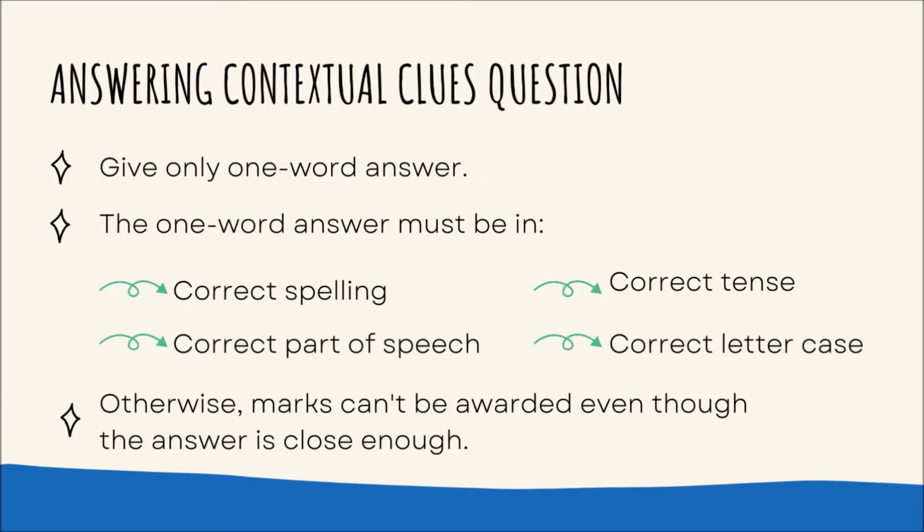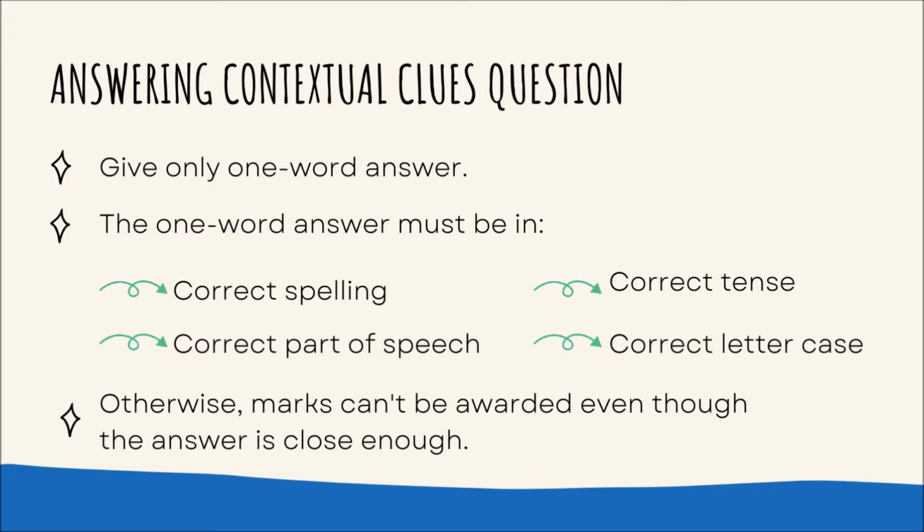Here are a few tips in answering contextual clues questions in mid-sem tests. When you are required to answer a contextual clues related question, make sure that you give only one word answer. Give only one word answer.